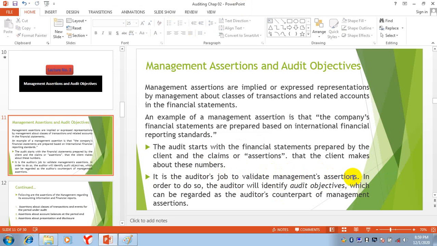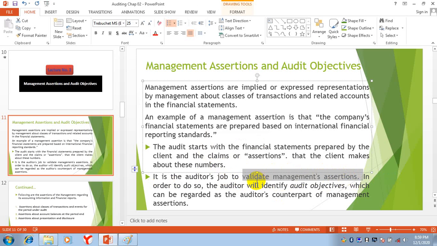Now, what will the auditor do? The management claims that these financial statements are free from errors and frauds. So now, what will the auditor do? He will validate, he will check the management assertions, whether they are true or not.